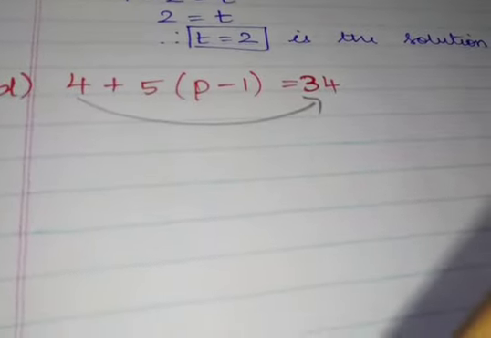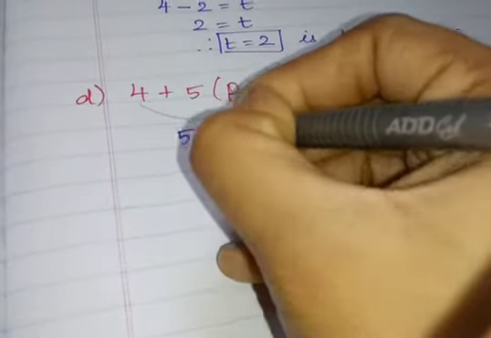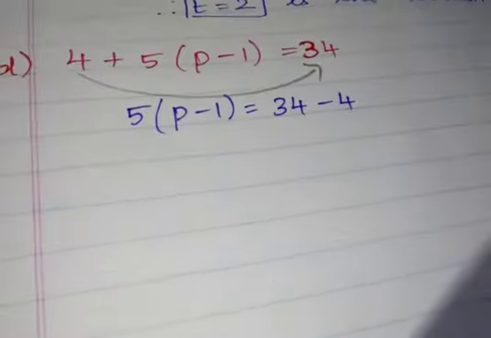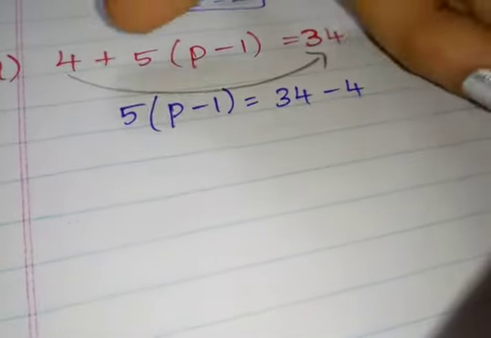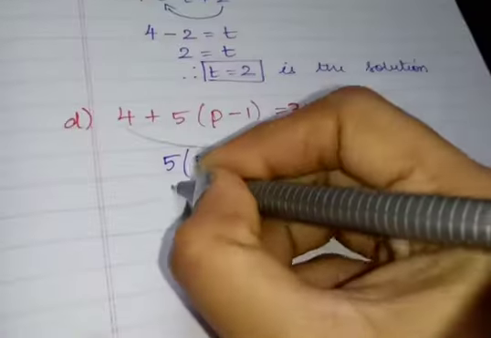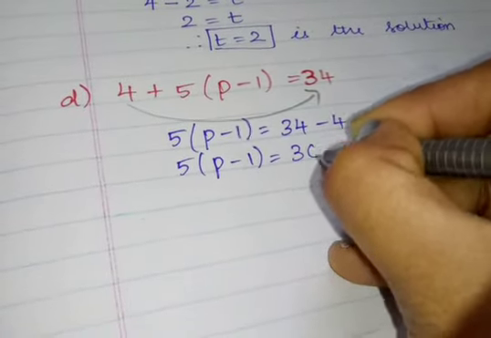First you should do this addition, subtraction, everything. So 5 into (p minus 1) equal to 34 minus 4. I am bringing this plus 4 to the next side, it becomes minus 4. 5 into (p minus 1) equal to 34 minus 4 is 30.